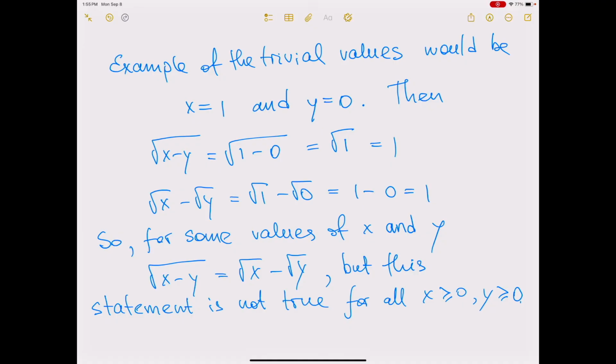If x is equal to 1 and y is equal to 0, square root of x minus y is 1, and square root of x minus square root of y is also 1. So while for some values of x, square root of x minus square root of y will produce exactly the same values as square root of x minus y, in general, this statement is not true.